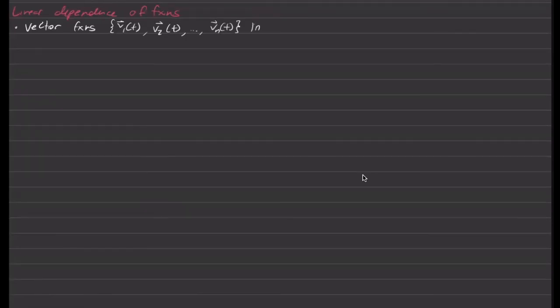These are linearly independent if c1 v1 plus c2 v2 plus a bunch of other terms just like that plus cn vn is 0 only when ci is 0 for all i. And this has to be the unique solution.